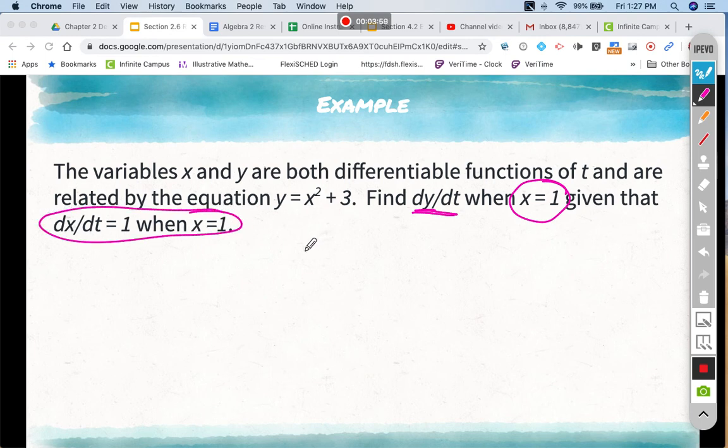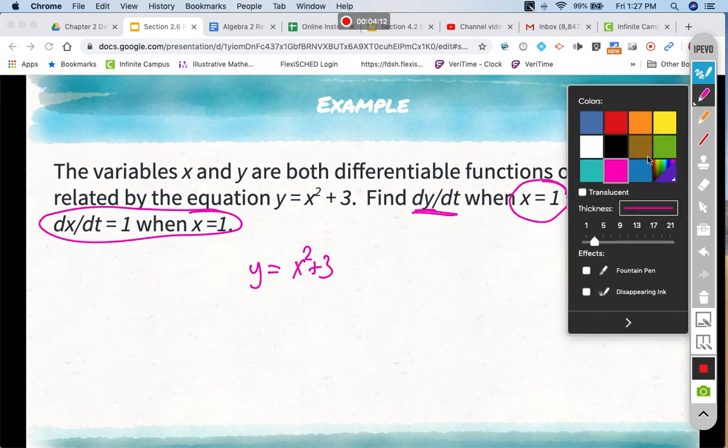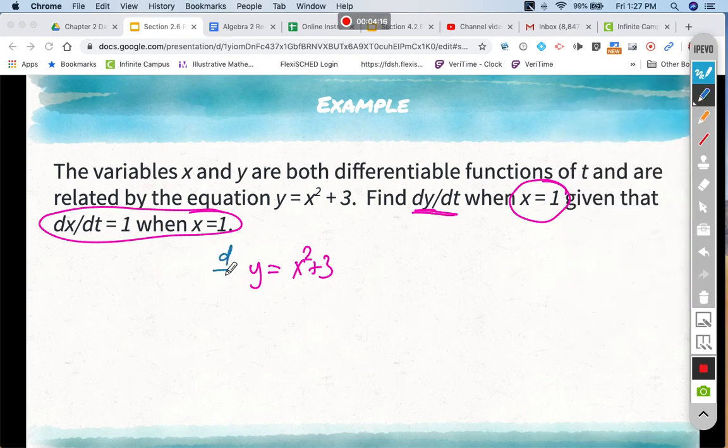Because I want dy/dt, I want a derivative, so I'm going to take my x squared plus 3 and do my implicit differentiation. So that's going to give me my dy/dt. That's what I want. That's good.